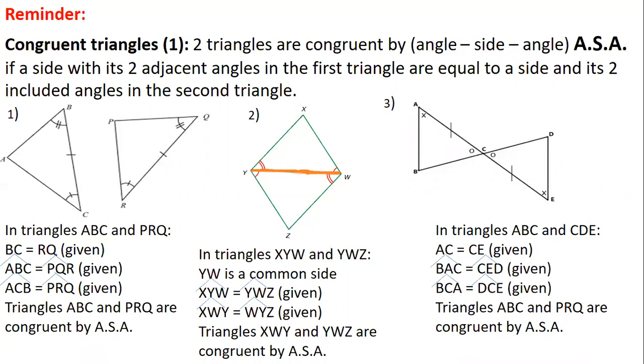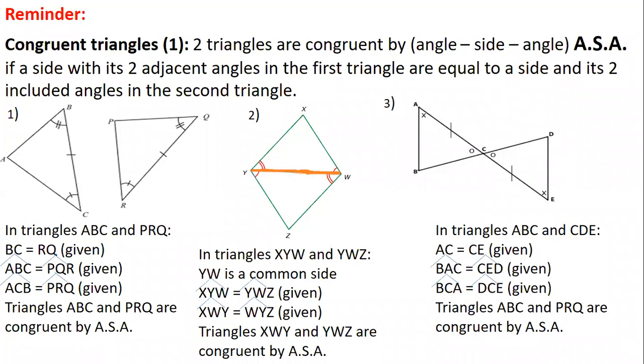How yes? Where is the mark? Where do you see a mark on XW, the same as on YZ, Hassan? No. A mark like this, you see the cursor? Where is it? Here. I should see a mark like this. Do we have a mark on these sides? No. What about side YW? What do we say about YW, Hassan?